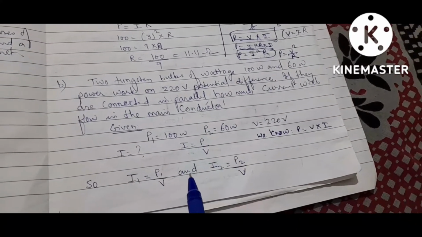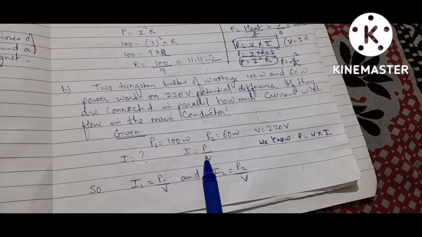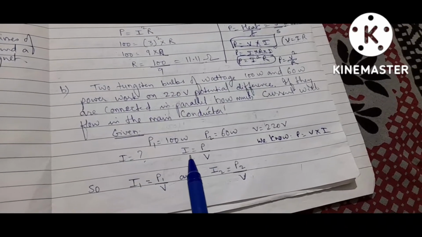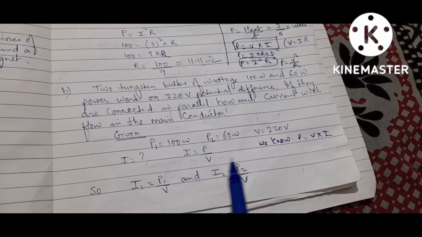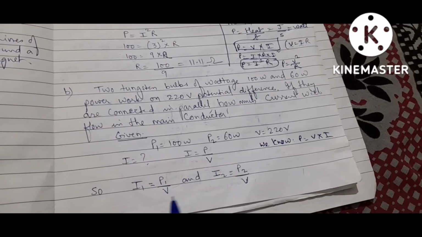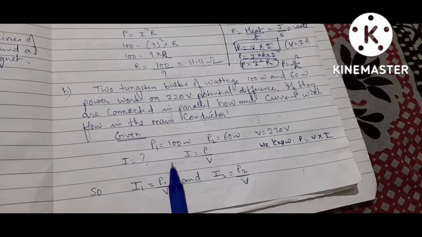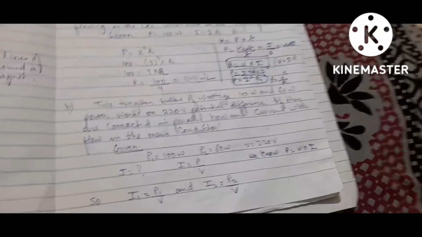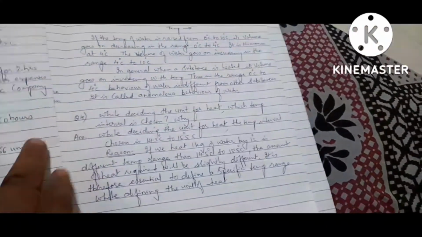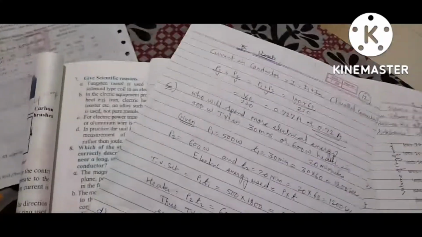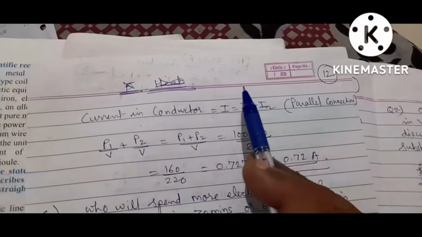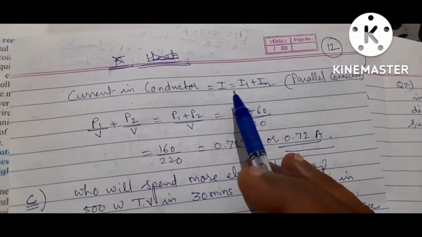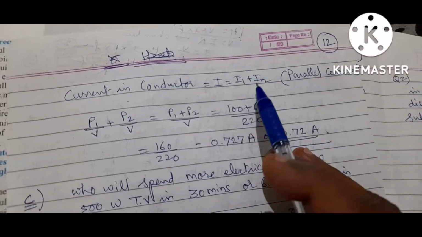Similarly, for the second bulb, I2 is equal to P2 upon V. Now put the values here. The current in the conductor is I is equal to I1 plus I2.